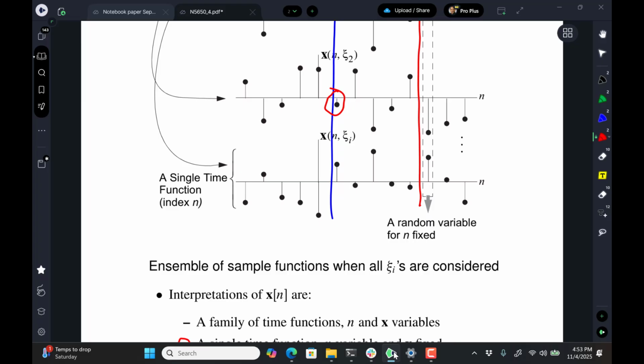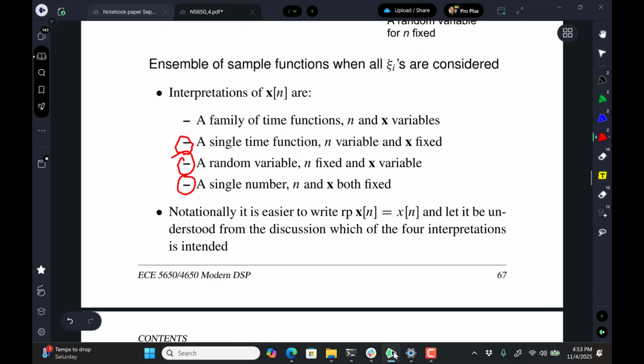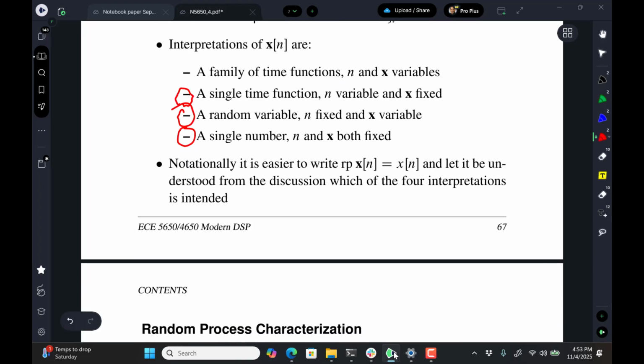And all of this understanding comes from the context. In the book, for example, or in my notes, I'm using what a random process book that I used to teach out of used. It always used a boldface, lowercase letter for a random variable, and then if you extend that to being a function of time, then it's a random process.